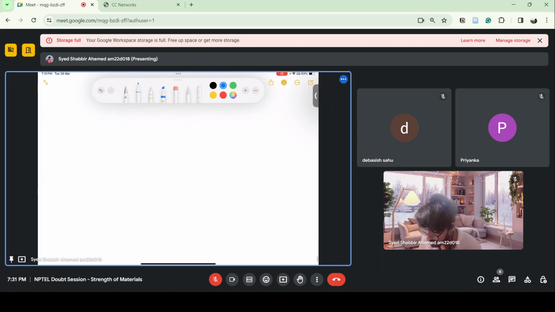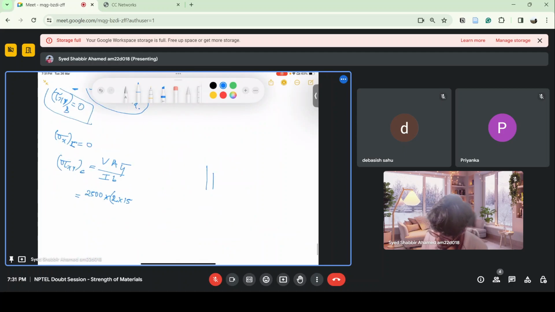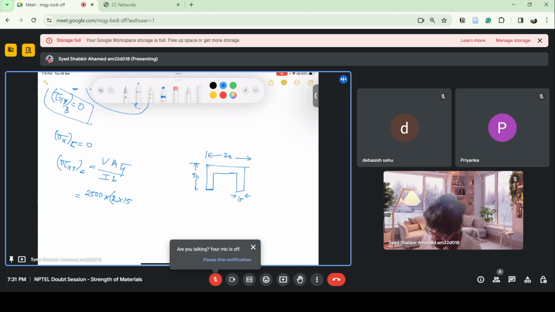So let's take up to point C. This is the area which we have to calculate. This is our point C. So this is 50. This is 70. And this thickness is 15. So 2 into 15 into 50 plus. So these two rectangles I am taking first and adding 40 into 15.